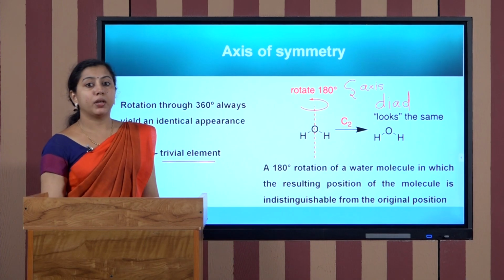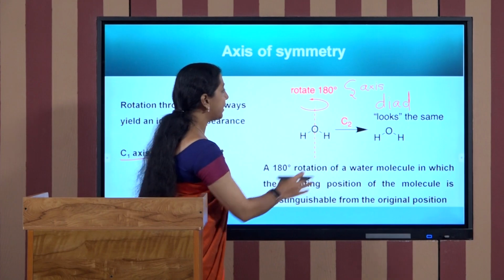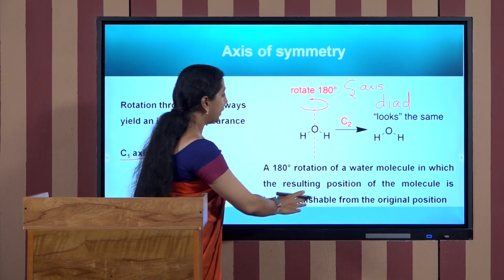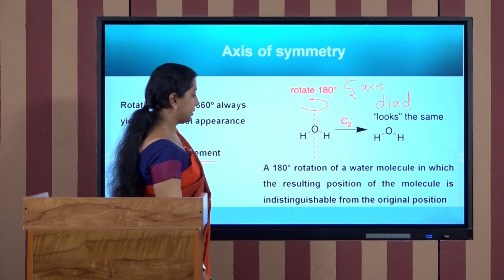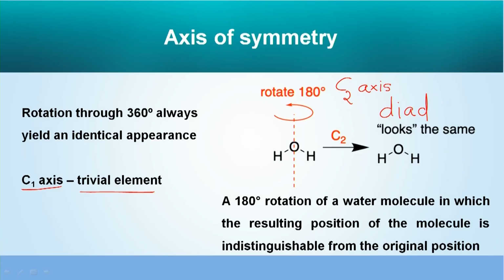For example, a water molecule, that is H2O, when rotated through 180 degrees, will give an identical appearance which is indistinguishable from the original position. So, we can say that a water molecule possesses a C2 axis of symmetry.